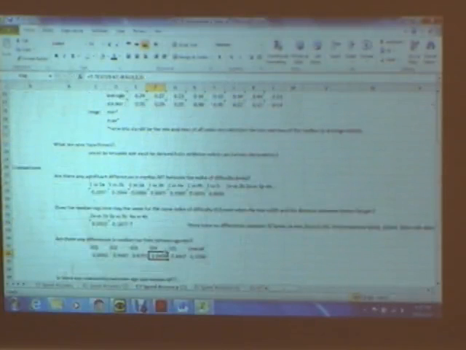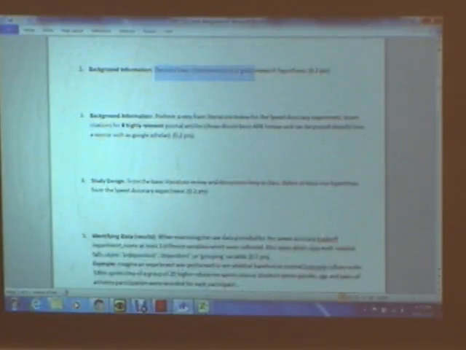So we'll go here. So basic characteristics of a research hypothesis I've talked about. We do a basic literature review about speed accuracy, which I showed you earlier, and you can find 4 highly relevant journal articles.